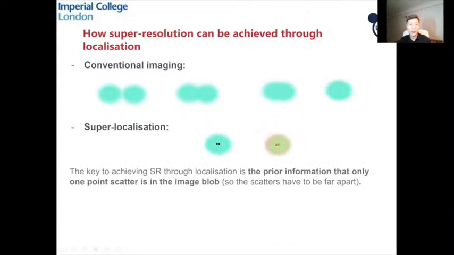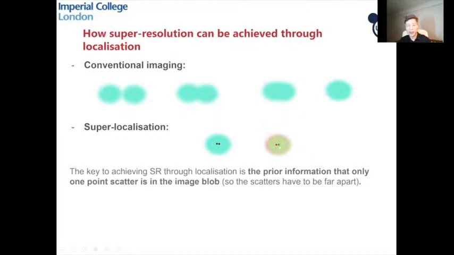So the key to achieve super-resolution through this localization approach is the prior information that only one point scatterer is in the image blob. So the scatterers have to be sparse and far apart at one time. In this case, at one time, only one is switched on.